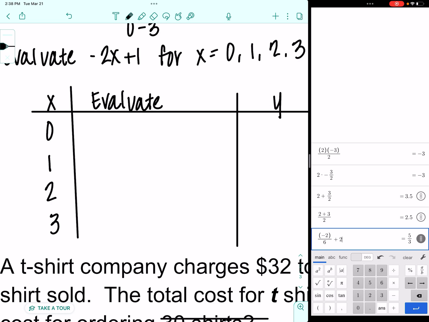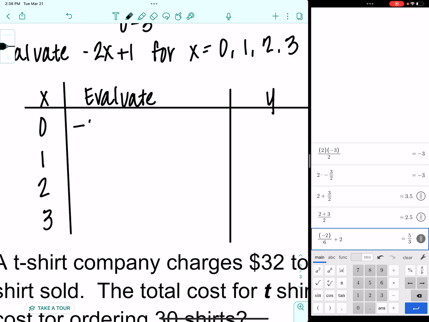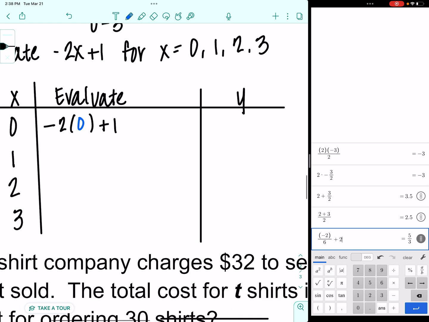Well, when X is 0, I'm going to make a hole for my 0. Negative 2 times 0 is 0, plus 1 is 1.